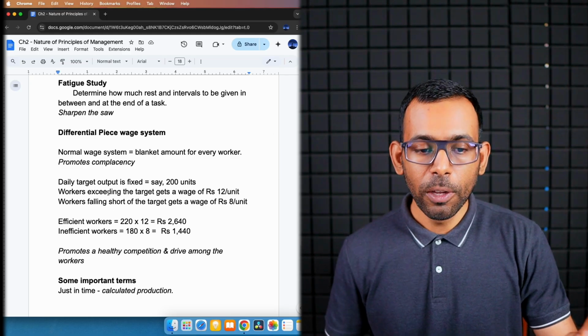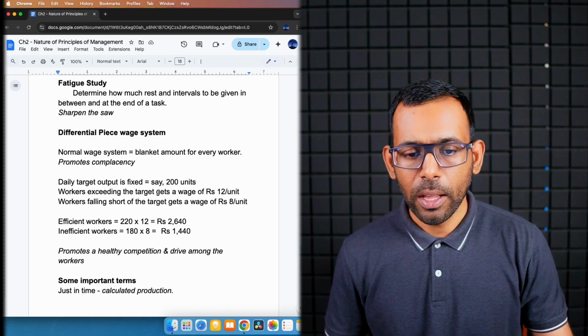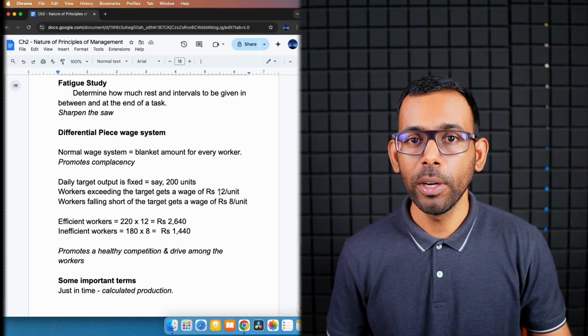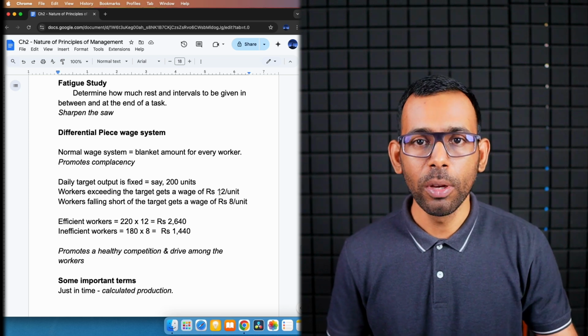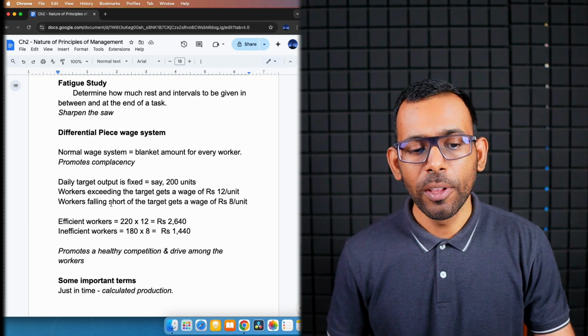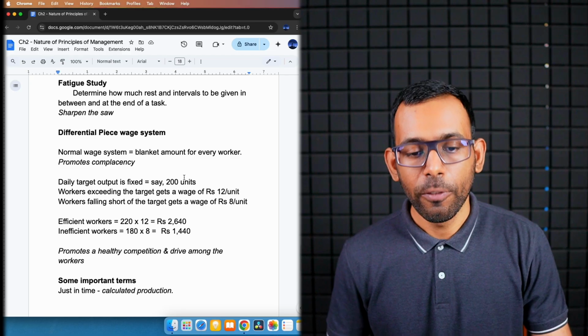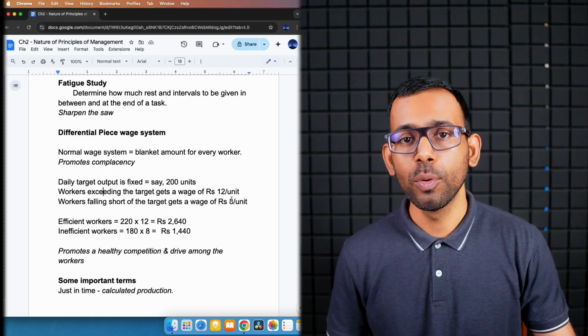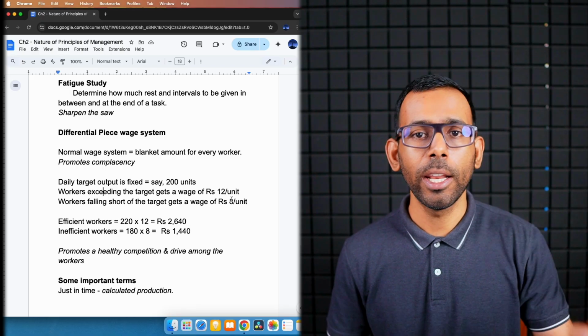If the worker exceeds the daily target of 200, then they earn 12 rupees per unit for the entire output that they produced. But if the workers fall short of 200, then their per unit wage rate drops to only 8 rupees per unit for the entire output produced.